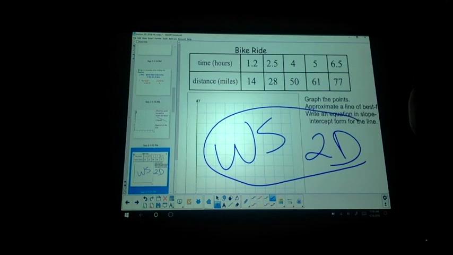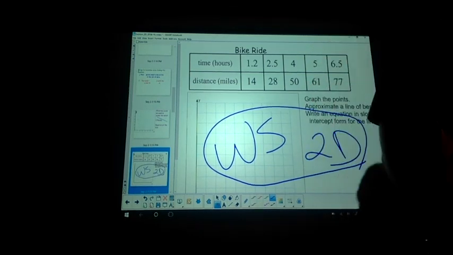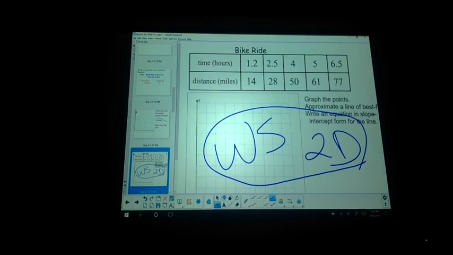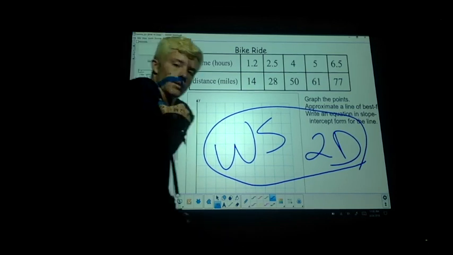Worksheet 2D. Hey, guys and girls, 2D is your worksheet. Right after it are the directions of how to do the line of best fit stuff. Okay? Thank you. So 2D. That's all I got.